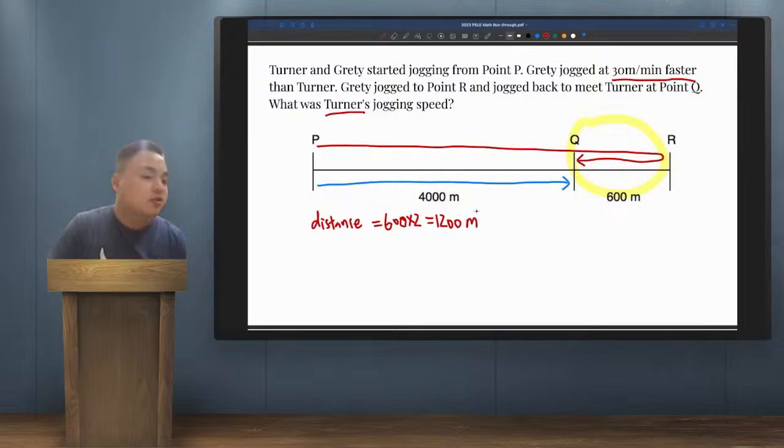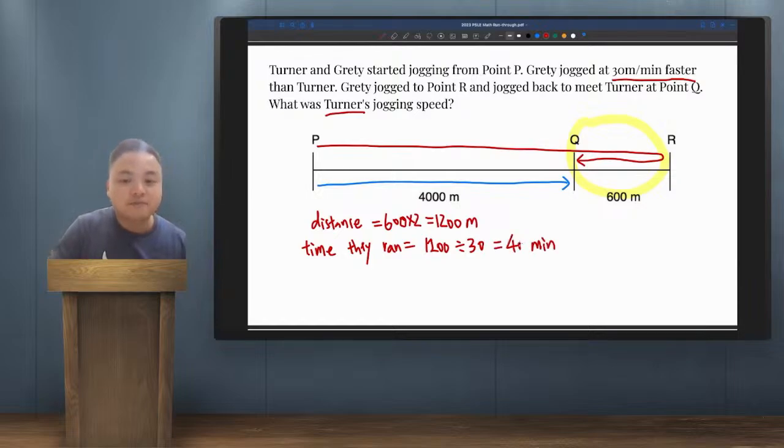So Gretty ran 1,200 meters more than Turner. Since every minute Gretty runs 30 meters faster than Turner, the time they ran is the distance divided by speed, which gives 40 minutes. That means both Turner and Gretty ran for 40 minutes.